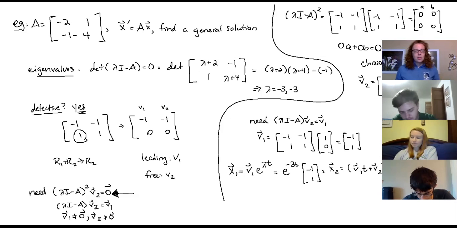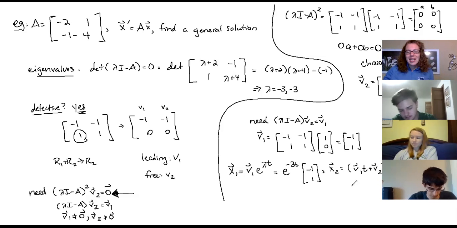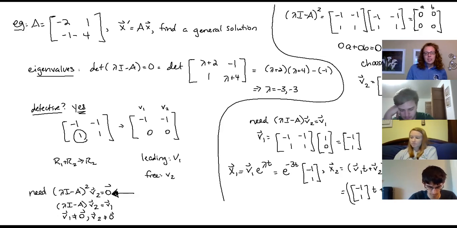Again, this is the part that I told you comes out of nowhere, and if I had you in the classroom, I would show you where it came from. So this is [-1, 1] times t plus [1, 0], all multiplied by e to the -3t.